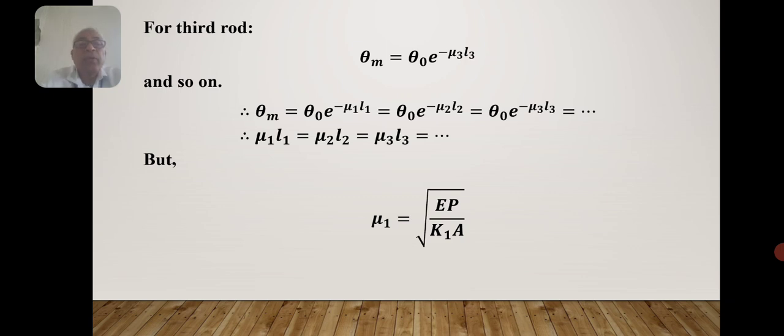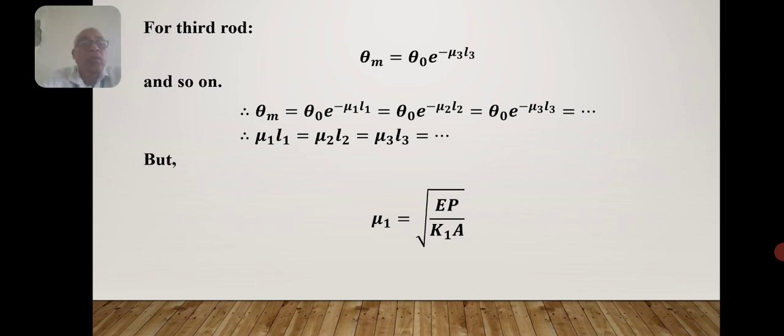Therefore, theta m equals theta 0 e raised to minus mu 1 L1 equals theta 0 e raised to minus mu 2 L2 equals theta 0 e raised to minus mu 3 L3, and so on. Therefore, mu1 L1 equals mu2 L2 equals mu3 L3, and so on.